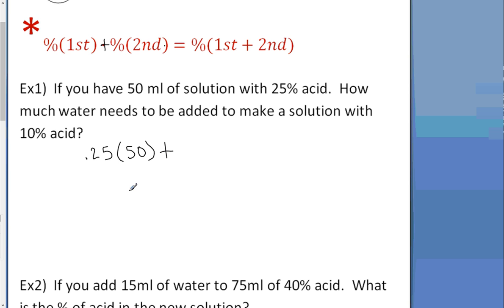Now, this is where we're going to have to think for a few minutes. If I add water to this, how much acid is in pure water? You might be thinking that's a trick question, and I guess in a sense it is. But water is 0% acid.